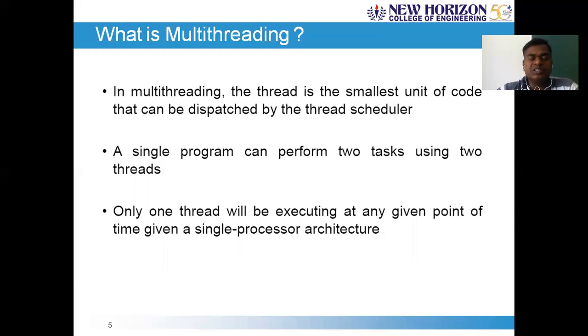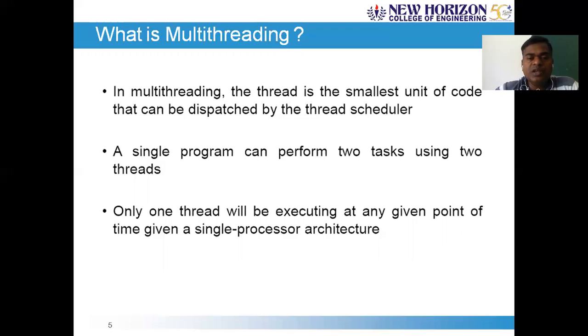Now, let us put things like this. When a process is defined, if you have more than one functionality, those functionalities can be done simultaneously, and they share the memory that is reserved for the process.